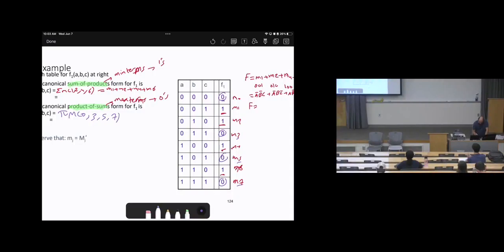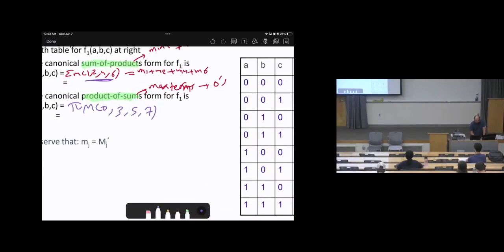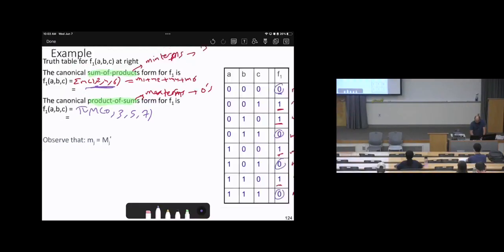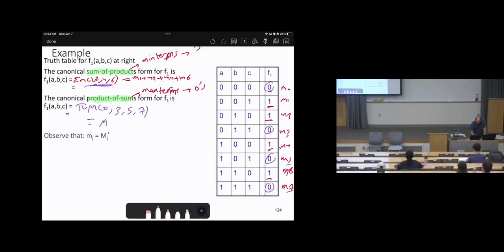You can find it from the truth table, or you can find it from the complements of these parts. It's up to you. So 0, 3, 5, 7. In other words, it's going to be M0 times M3 times M5 times M7.